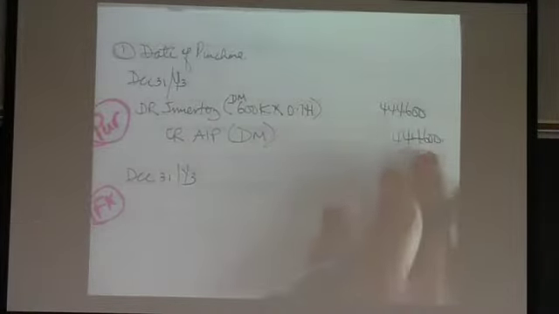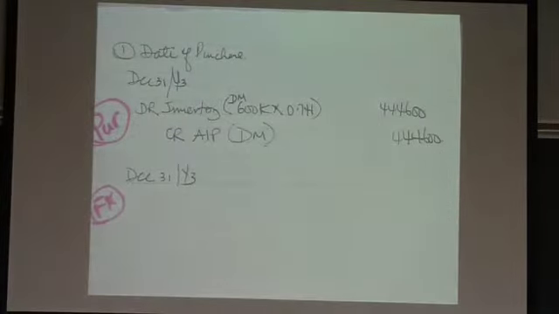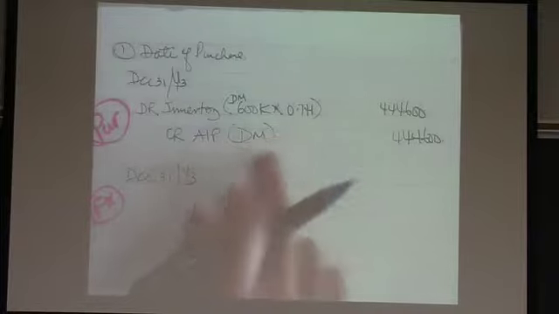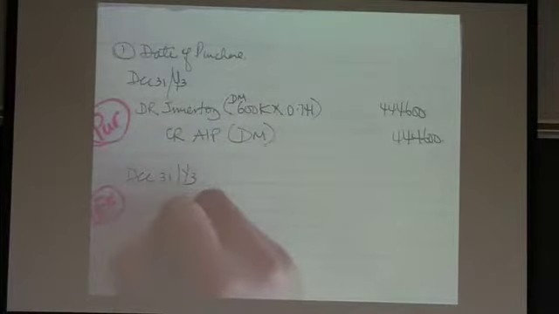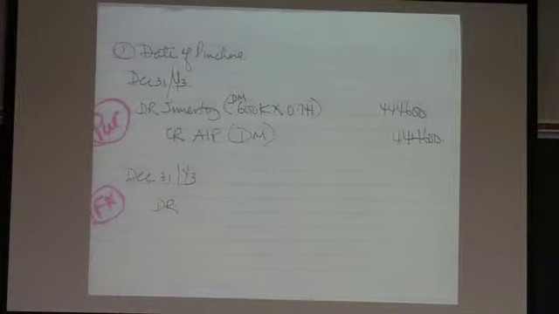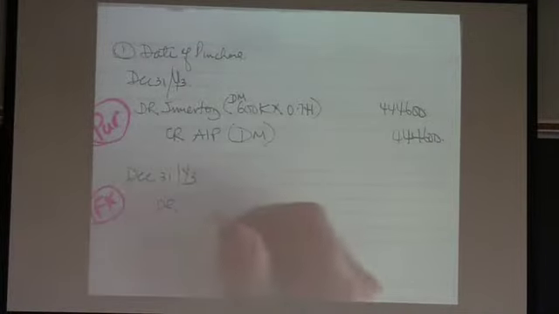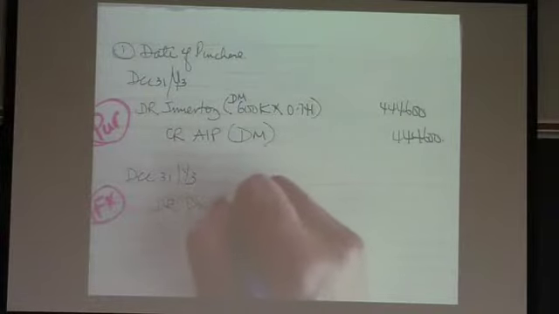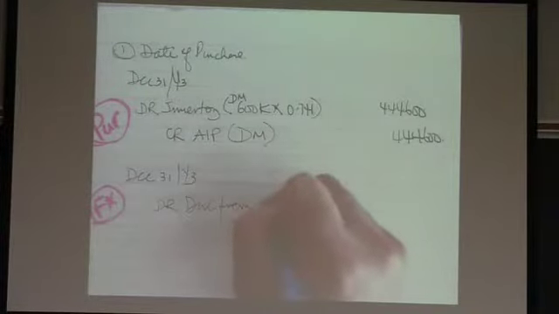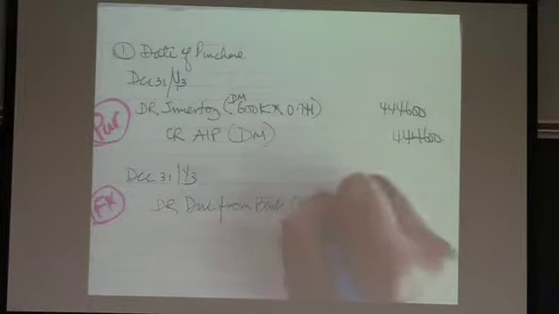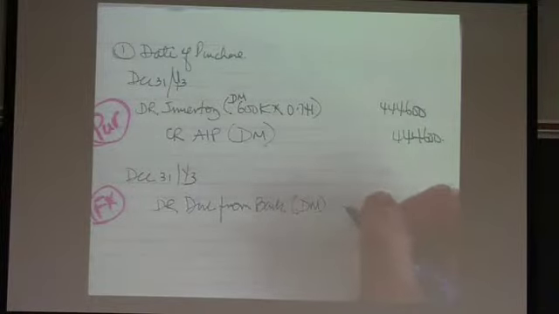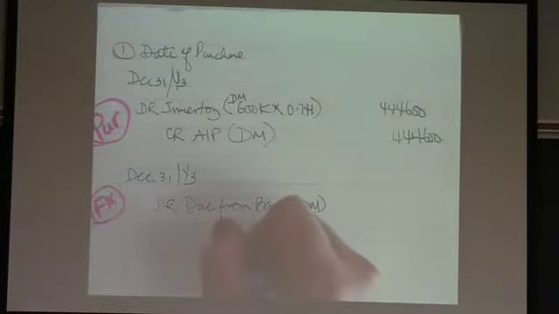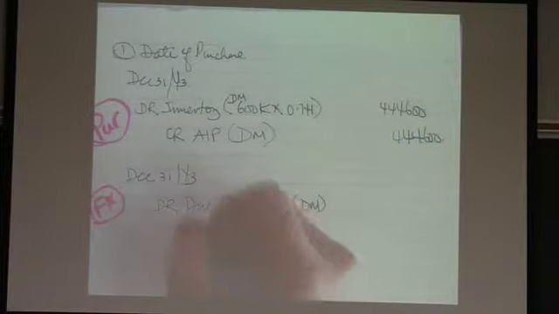We need to be able to deliver 600,000 foreign currency units on April 1st. So I want to execute a forward contract with a bank who's willing to accept the risk. This time we're going to debit due from bank. I want the bank to deliver the foreign currency units, and it will cost me the forward rate.